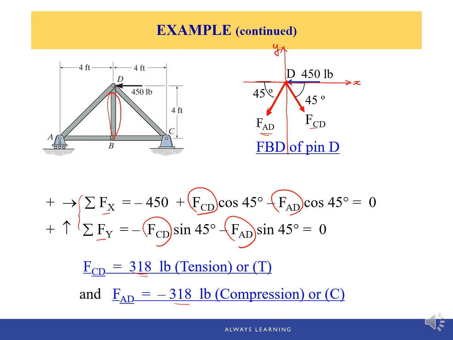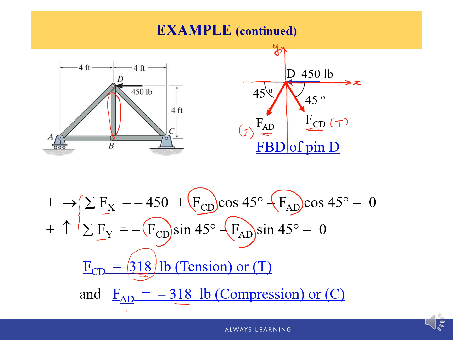On the free body diagram, we assumed FCD is in tension, and we assume FAD is also in tension. So our solution shows FCD is positive. That means our assumption is correct. So FCD is in tension. On the other hand, FAD is solved to be a negative value. So that means instead of tension, it must be a compression.